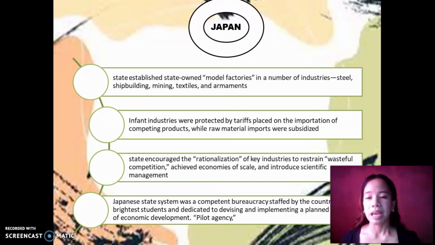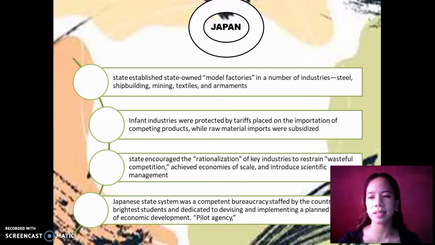So Japan established state-owned model factories in a number of industries. So they were able to make steel, shipbuilding, mining, textiles, and armaments. Infant industries were protected by tariffs placed on the importation of competing products, while raw material imports were subsidized.